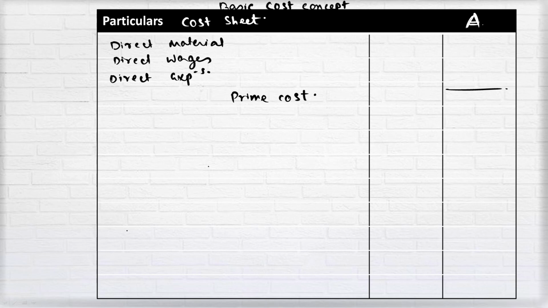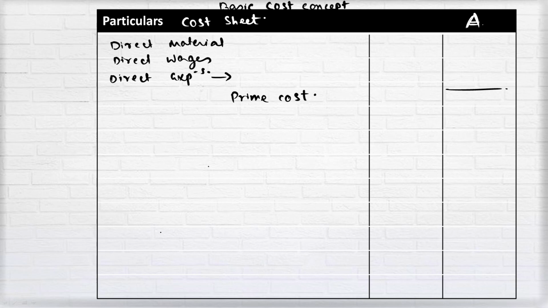So direct material, raw material is only for product A. Then that raw material for product A only will be directly added. What are direct expenditures? They are not direct material, direct labor, but direct expenses only related to product A. Then they will be direct expenditures other than material and labor. What will it happen? Prime cost.